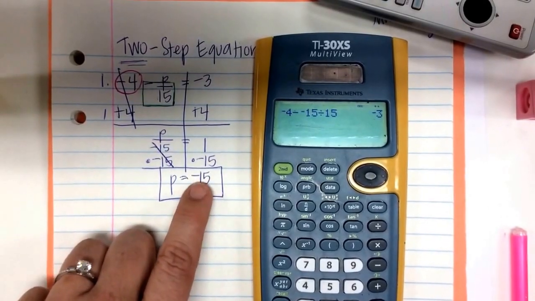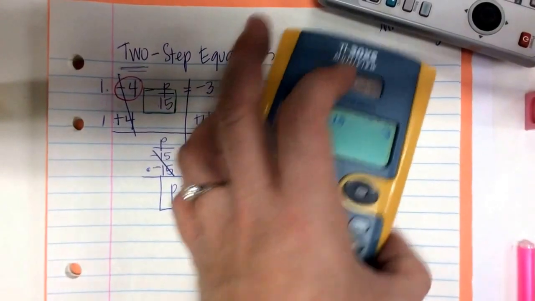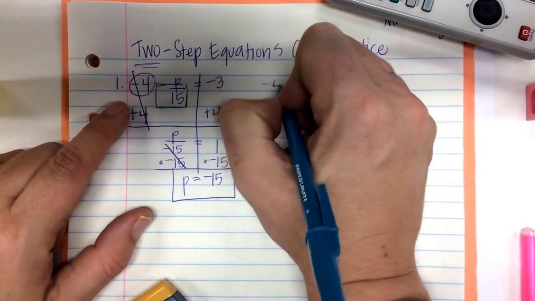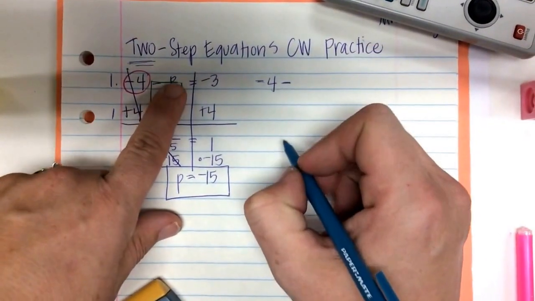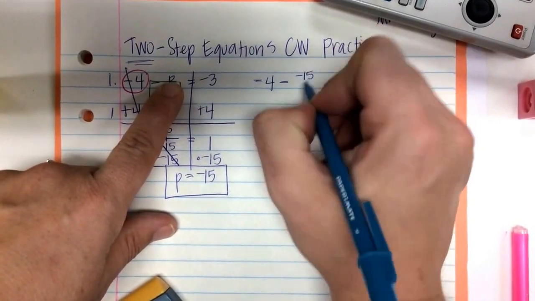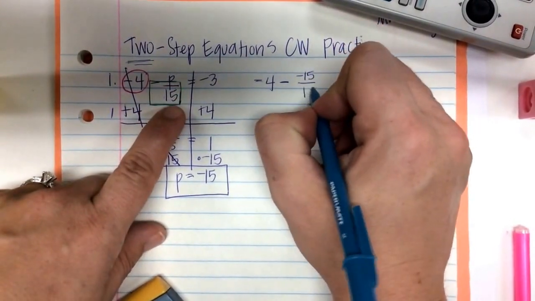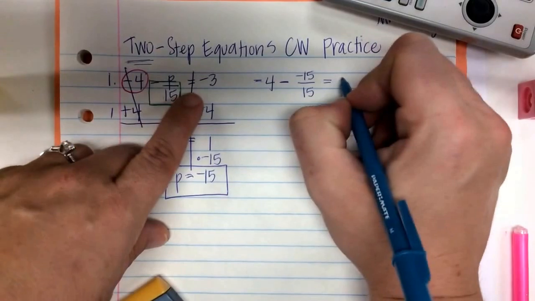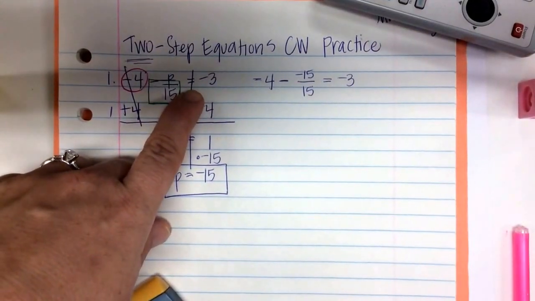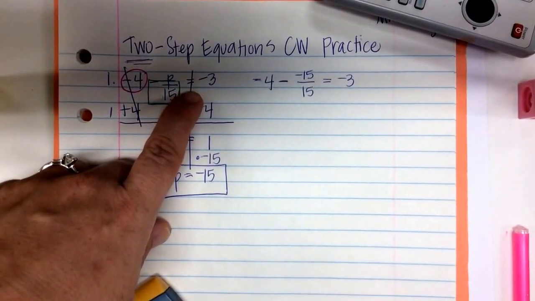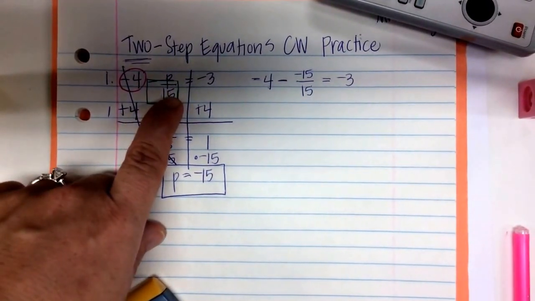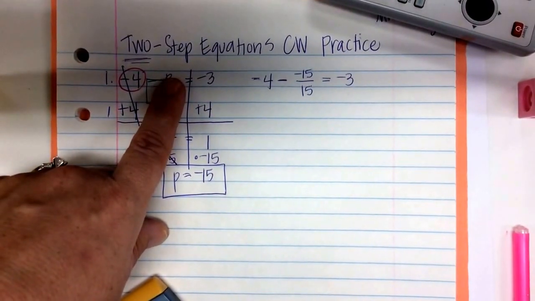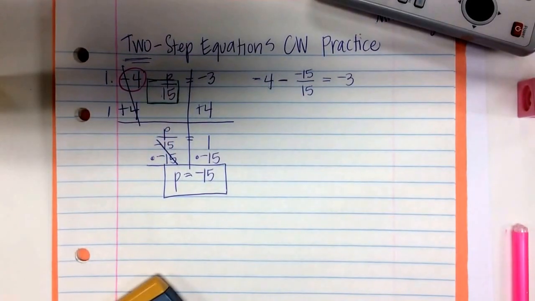And so when I put in negative 15 up here, if I was going to write it out, it would be negative 4, and then there's a minus sign, and then instead of P, I'm going to put negative 15 over 15 equals negative 3. Over here, this minus sign belongs to the 15 because it belongs to a number. It can't belong to the variable, because I don't know what the number is.